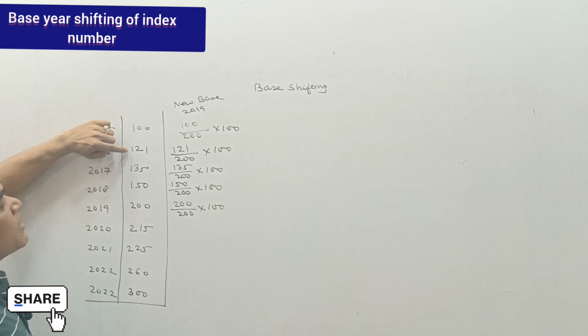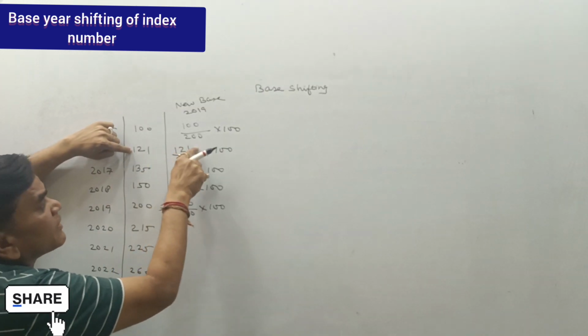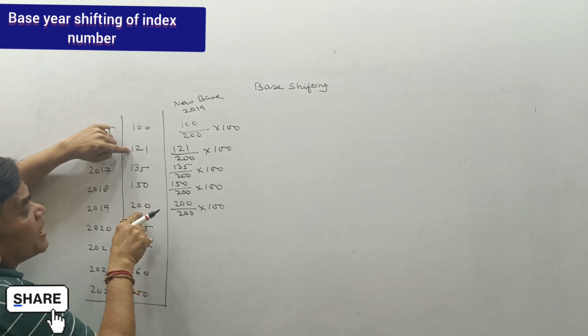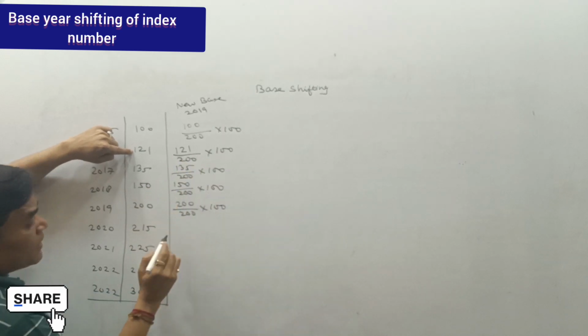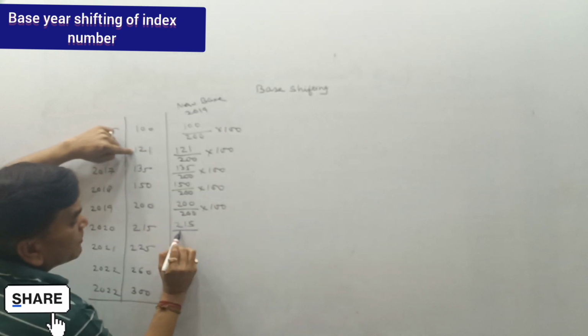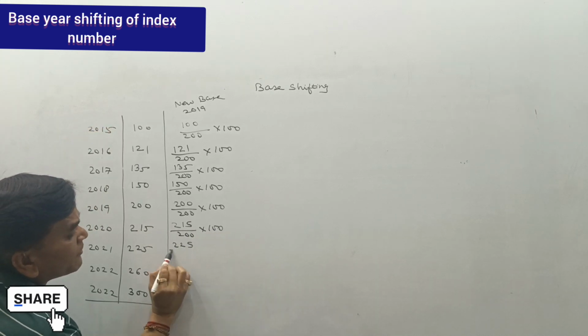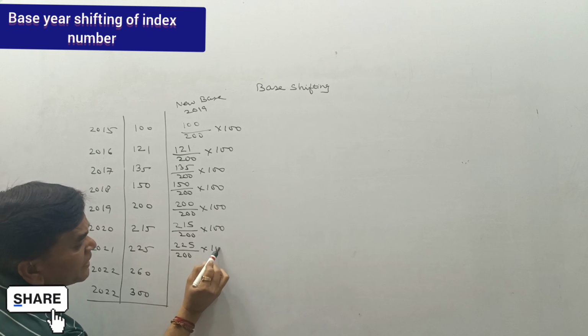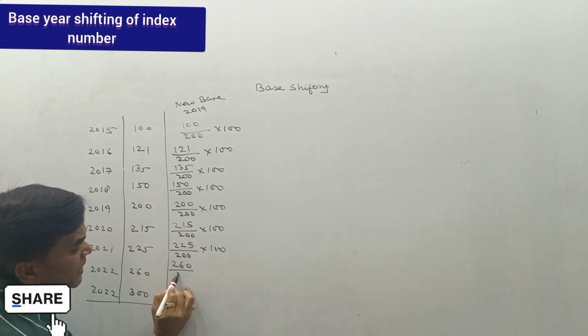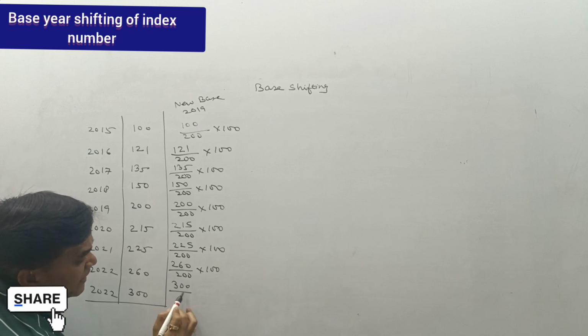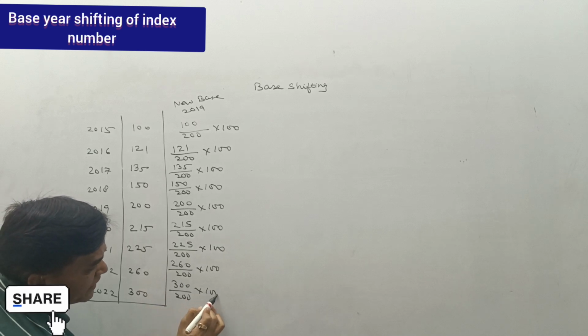Then 215 divided by 200 multiplied by 100, 225 divided by 200 multiplied by 100, 260 divided by 200 multiplied by 100, and 300 divided by 200 multiplied by 100.